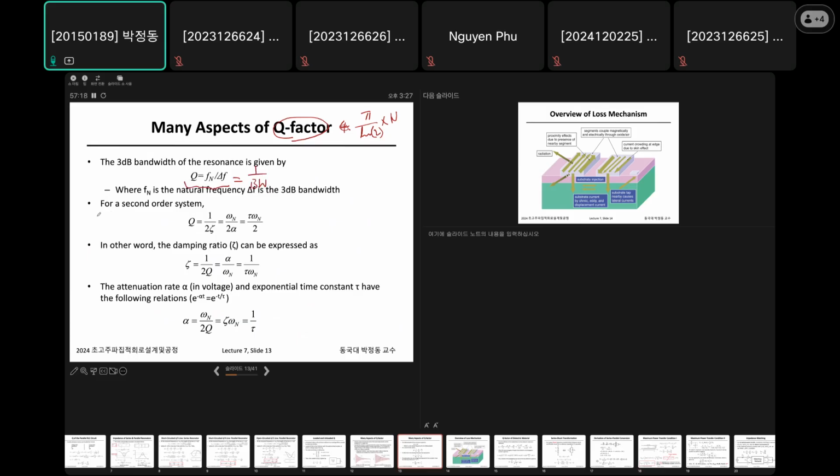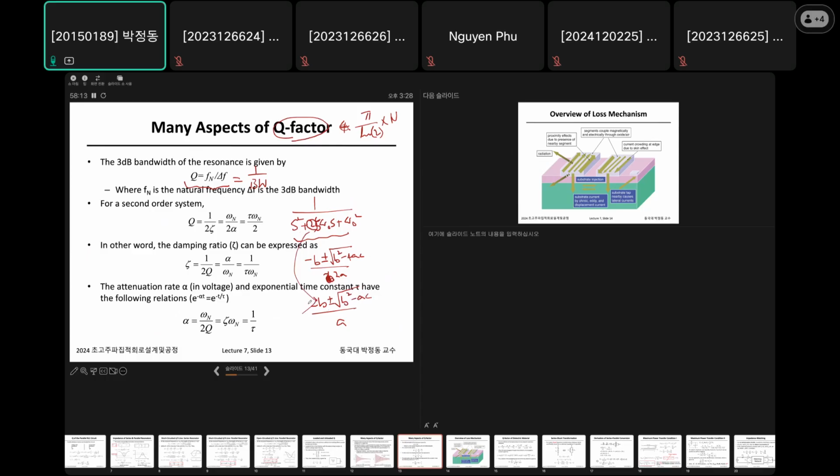For the second order system, which is typically expressed like this line, what is the pole location? It is minus b plus or minus the square root of b squared minus 4ac, over 2a. You put this together over here, then you get the solution.